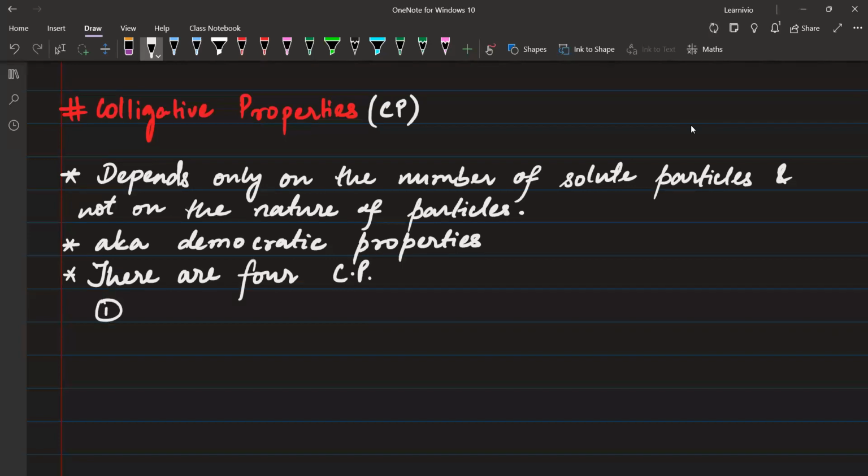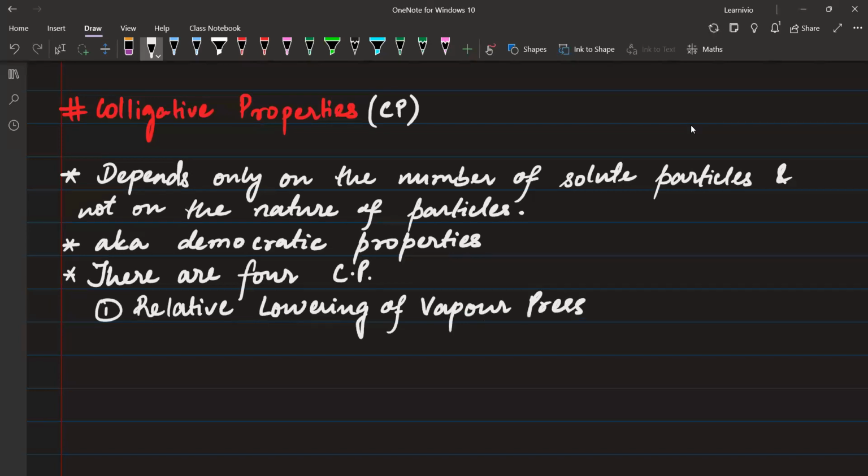The first one is relative lowering of vapor pressure. Please write these things with me. We will call this RLVP. Second, we will learn about the elevation in boiling point.